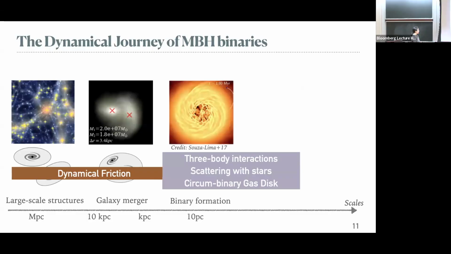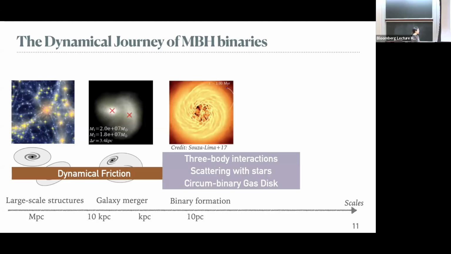On smaller scales, you would have other mechanisms such as scattering with the stars, and you might also have multiple black holes in the center, so you can have three-body interactions, which might accelerate the black hole orbital shrinkage, or might kick one black hole out.